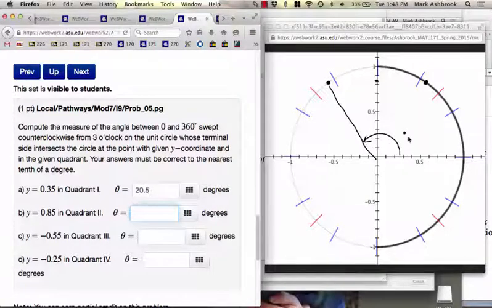We want this angle that takes us to a point on the circle that's 0.85 radius lengths above the horizontal diameter. What is this a job for? Sine, cosine, inverse sine, inverse cosine. Inverse sine. We have the vertical distance. We want the angle. So we're going to do sine inverse of.